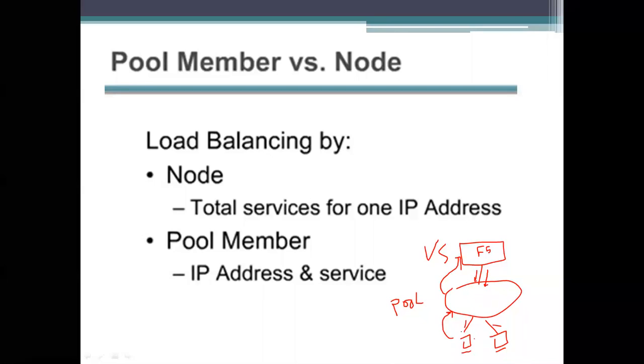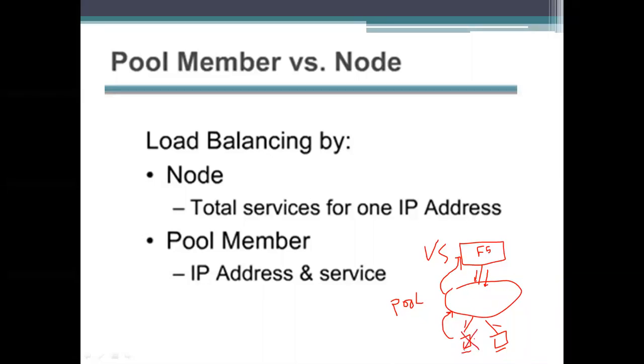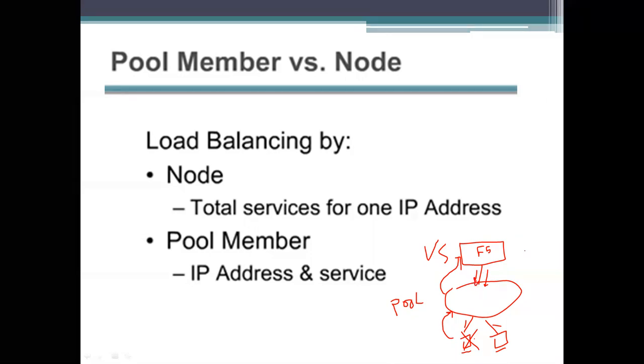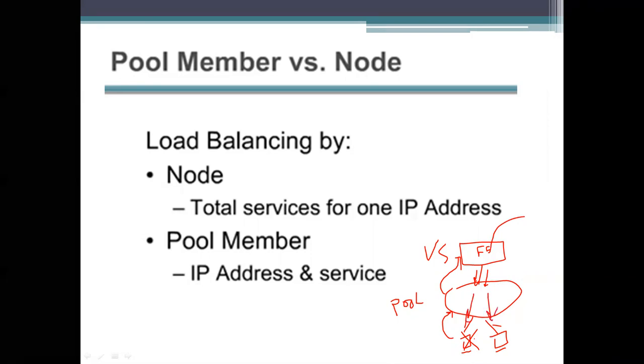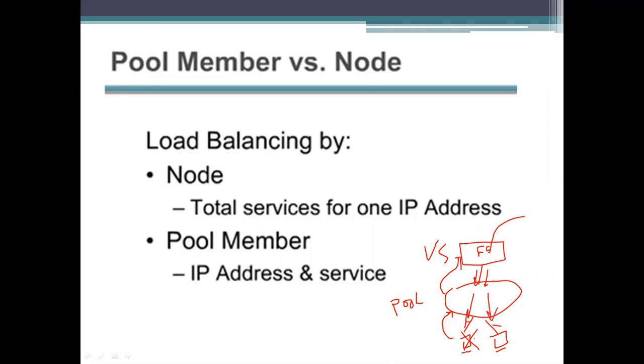Because if suppose a server went down, how will F5 know that? F5 will keep monitoring it, and there will be some monitoring method. So F5 does load balancing when the traffic comes, and in parallel F5 does monitoring of the backend servers, which server is up and which server is down. You can define that method.